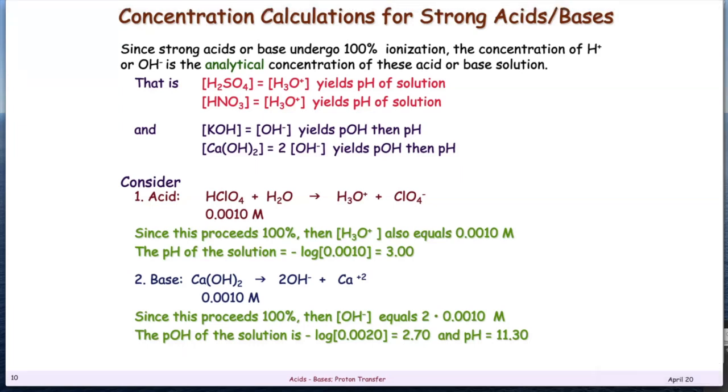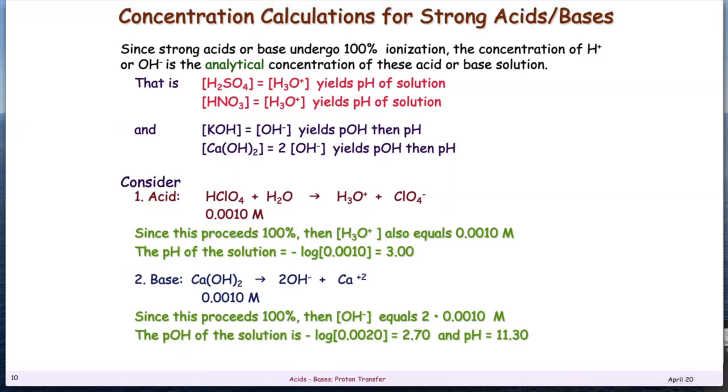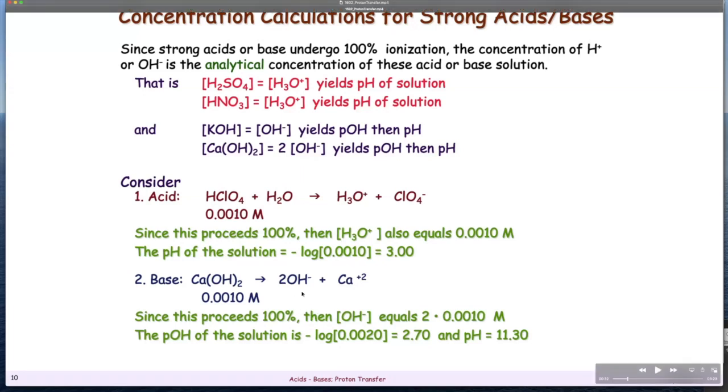These readily dissolve, and if it readily dissolves, it means that it gives up its hydroxide 100% of the time. That's what defines it as a strong base, but notice it gives up 2 hydroxides. So the concentration of hydroxide is not 0.001, but 0.002, because it does this at 100%, but 2 hydroxides come off for every 1 calcium hydroxide.